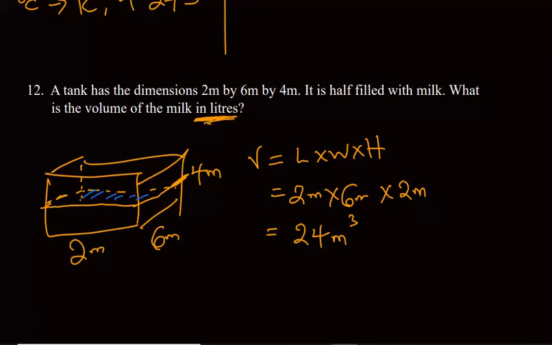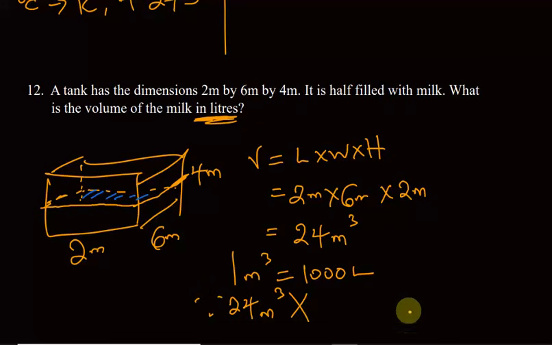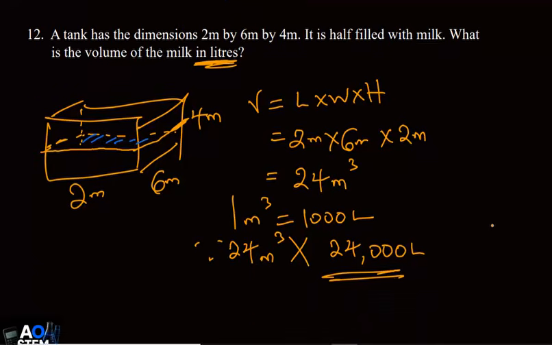But we want it in liters. You should know that 1 cubic meter is 1,000 liters. So what about the 24 cubic meters that we have? Our answer will be 24,000 liters. That is our final answer.